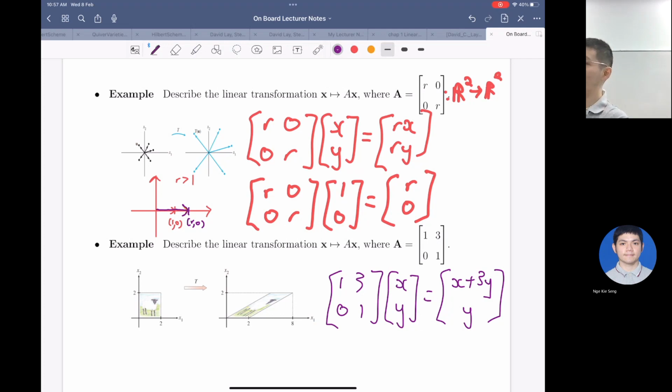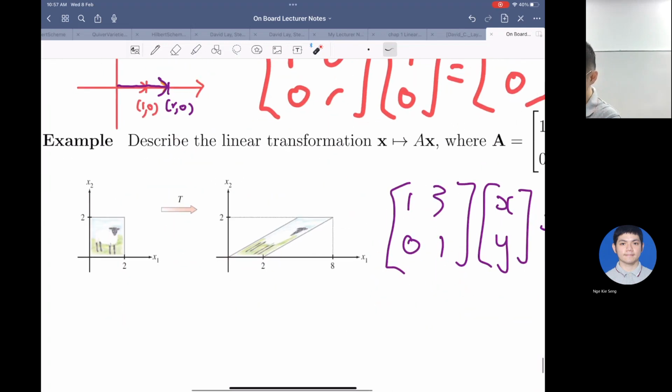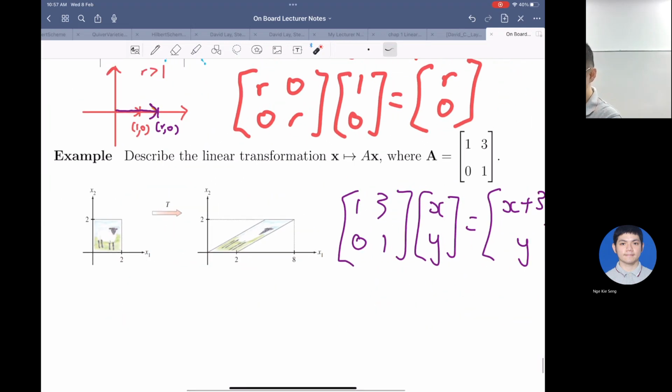Only the x part changes, but y stays. If you look at this picture here, you can see that all the x change, but y stays the same. This is what we call a shear.